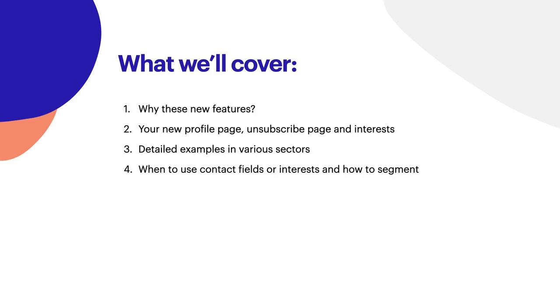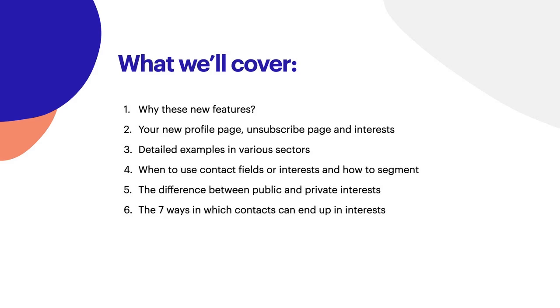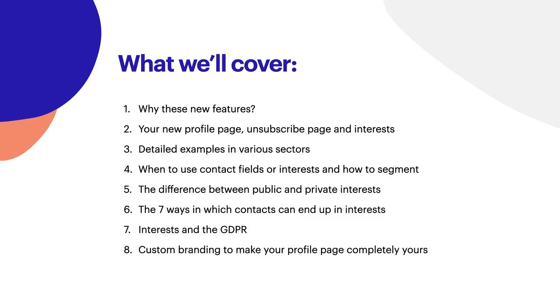When to use contact fields or interests and how you can segment on them, the difference between public and private interests, then the 7 ways in which contacts can end up in those interests, how those interests compare to your GDPR strategy, and you can use custom branding to brand all new public pages. So we'll dig into that as well. And lastly, when does your account get access to the new features?